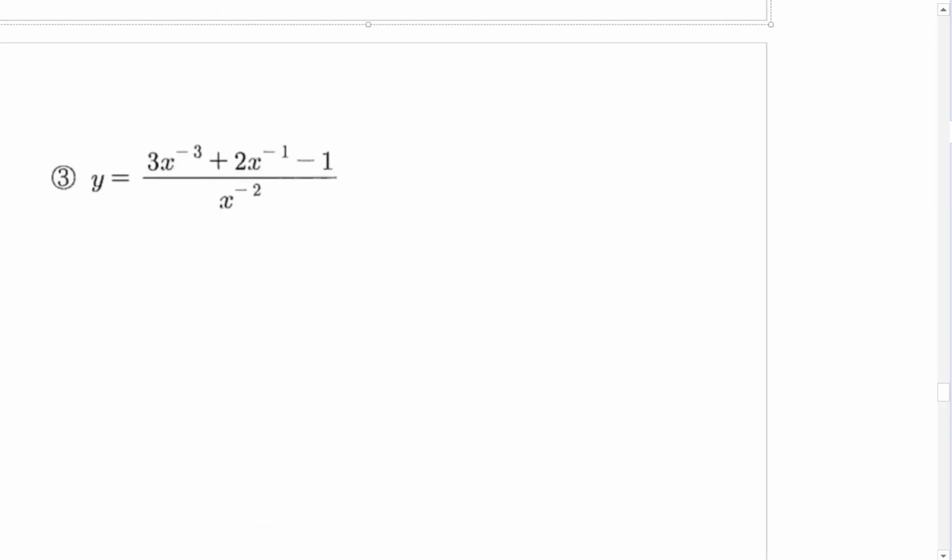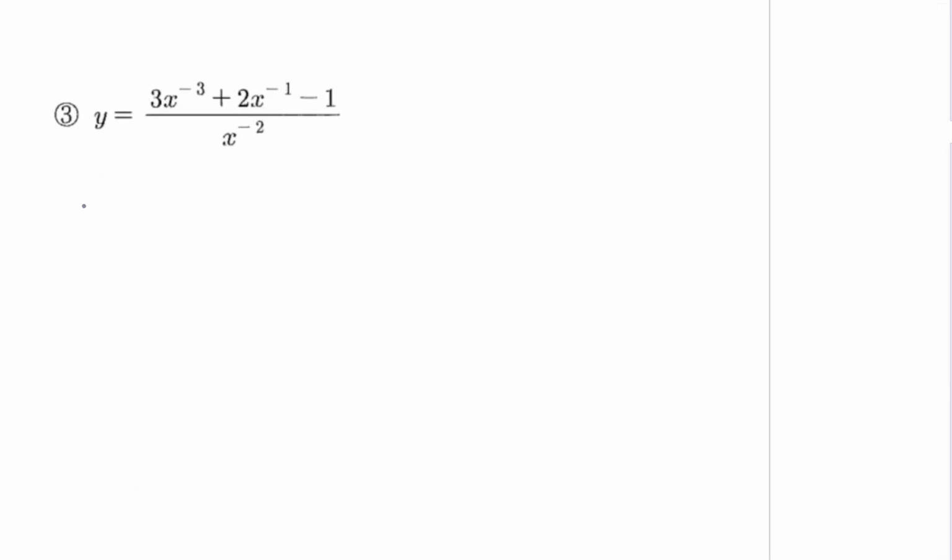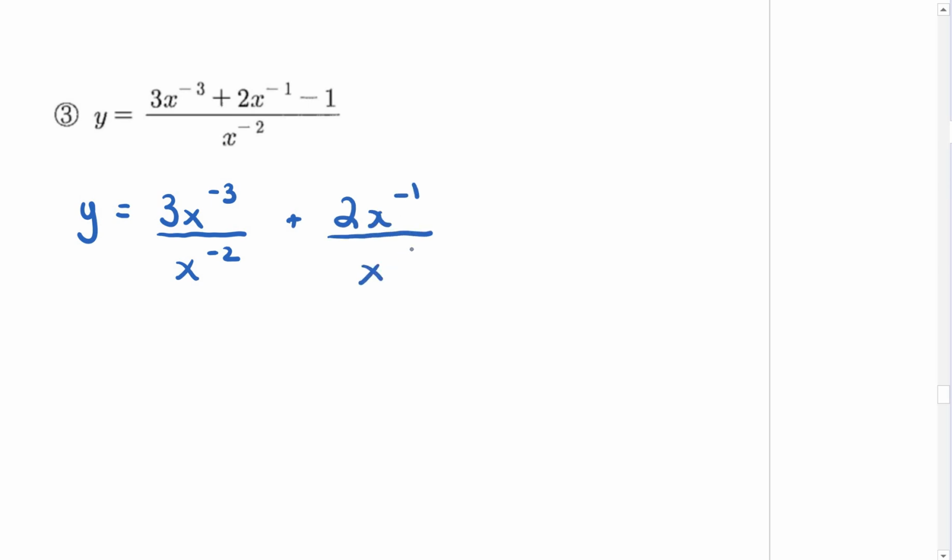Okay, let's do a few other ones here. So, let's just rewrite this, let's try to do this a bit quickly here. All right, so same kind of technique from the first 2 problems in this section. We split up into a big fraction. All right, so now do the math in your head. I have a negative 3 minus a negative 2, right?